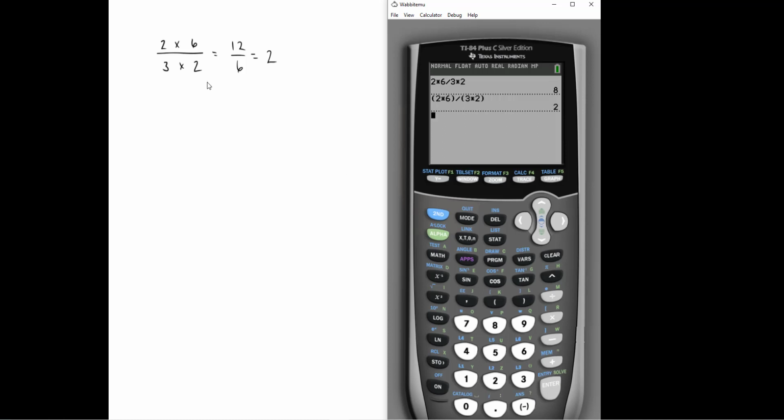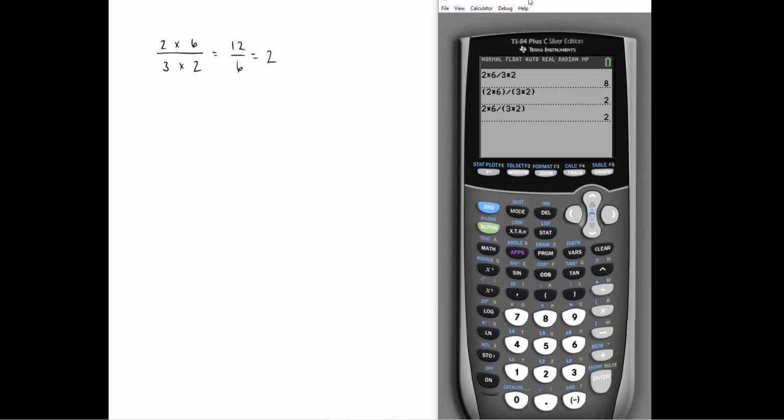And here we're clearly getting our expected answer. As I mentioned, if we just have 2 times 6 divided by, and then put only the denominator in parentheses, that would also be fine, and we get 2. Because the key is that we need to divide this whole quantity by this.